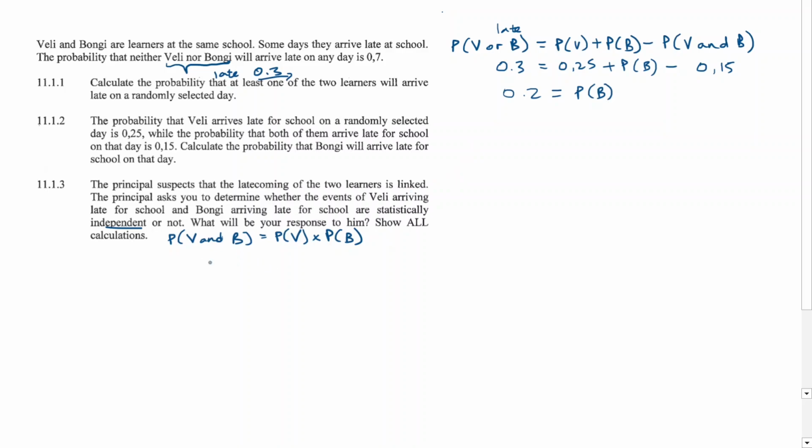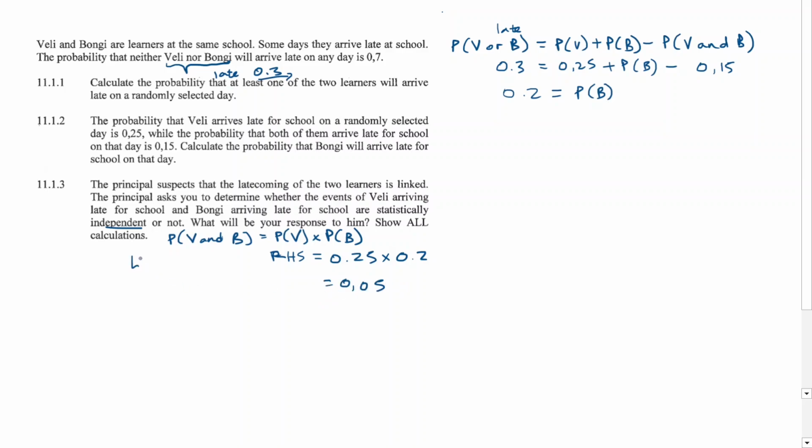And so we're going to dive into this formula. Let's work just with the right-hand side. The total probability that Veli will be late is 0.25. We've just worked out the probability that Bongi is late. That's 0.2. And so 0.25 times 0.2 is 0.05.